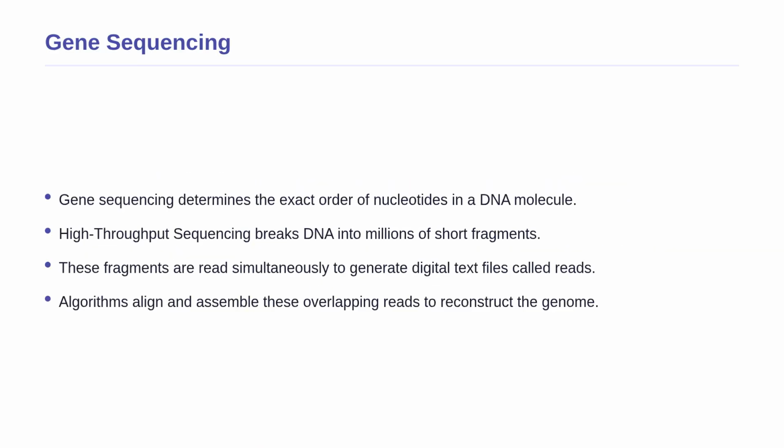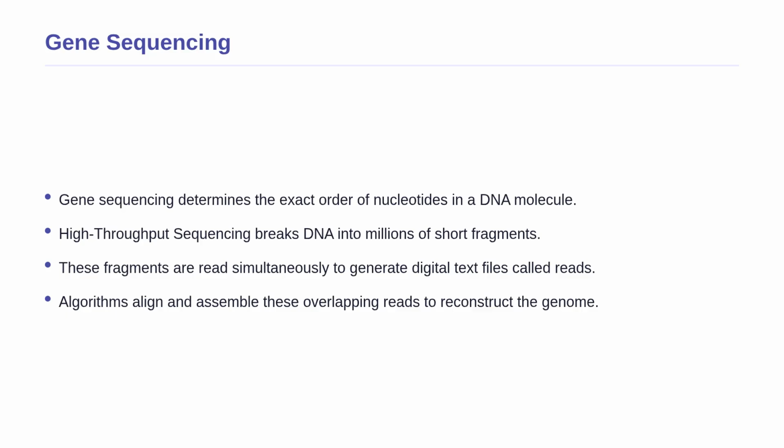Now that we understand our goal, let us look at our first technology, gene sequencing. Why is this concept so absolutely critical to our modern world? Without gene sequencing, the entire field of bioinformatics would simply not exist. Modern techniques, known as high-throughput sequencing, do not read the whole genome from start to finish.